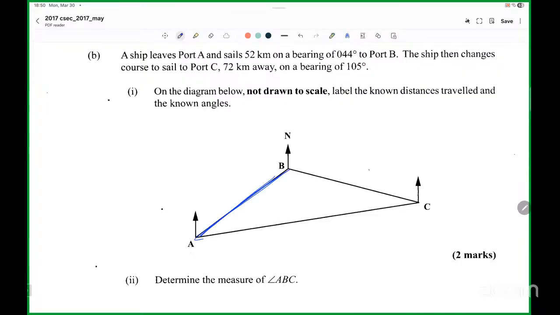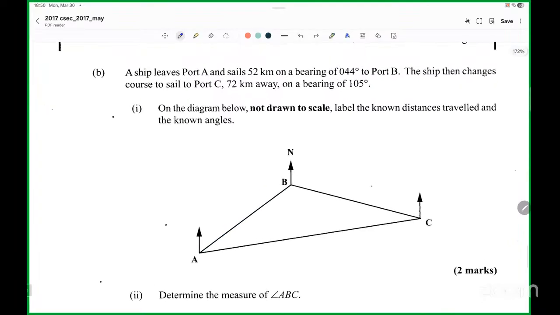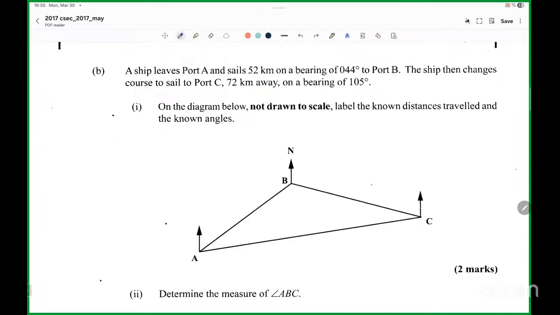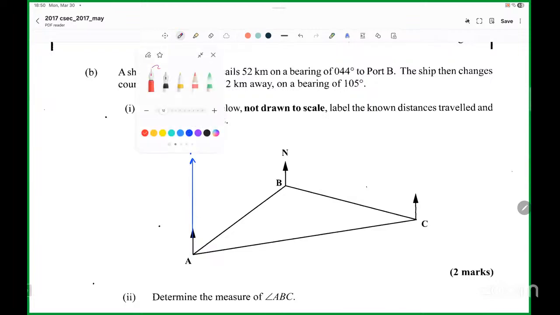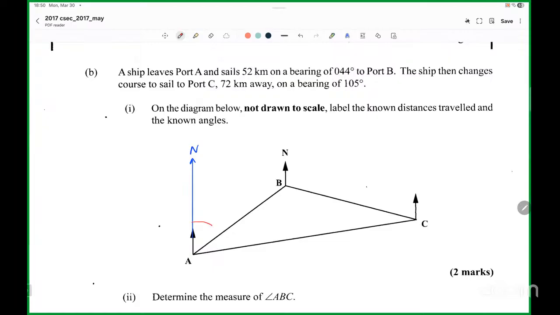So that bearing angle, let me extend this line, is this one in red. That bearing is 044 degrees, and the distance is 52 kilometers right here.